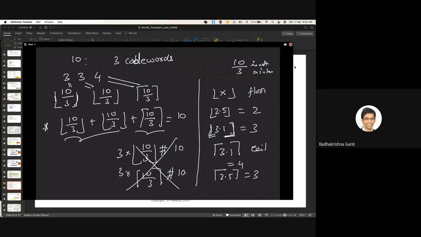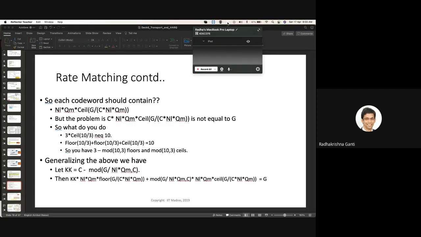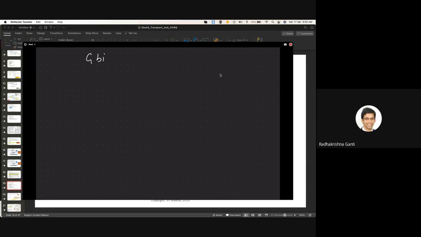Just to summarize this properly in a mathematical form. So what do you want? You have G bits. Your modulation order is QM.